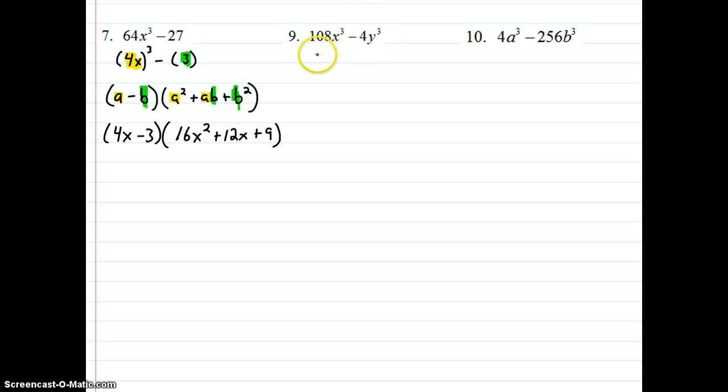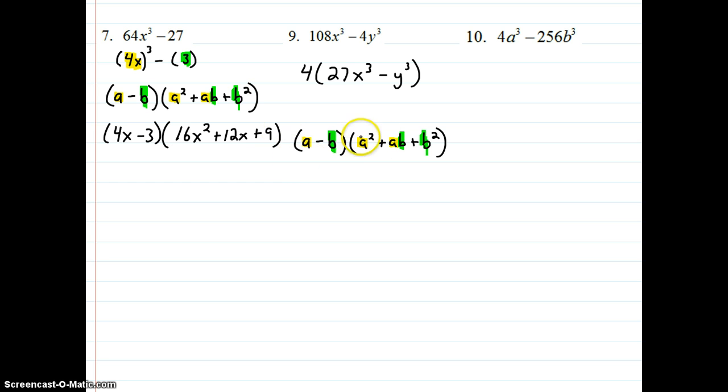So I can take a 4 out of both of these. If I take a 4 out, 108 divided by 4 is going to give us 27x cubed minus y cubed. So now I use my difference of cubes on this.